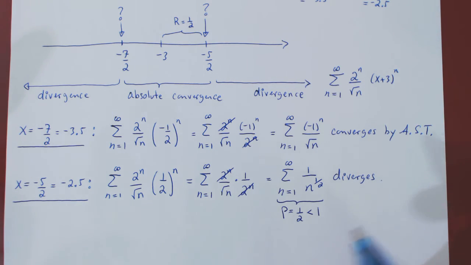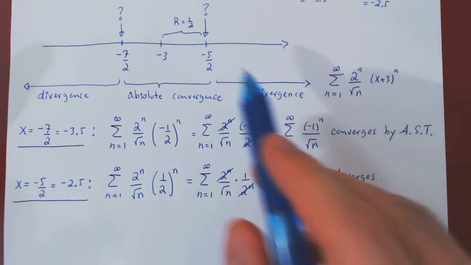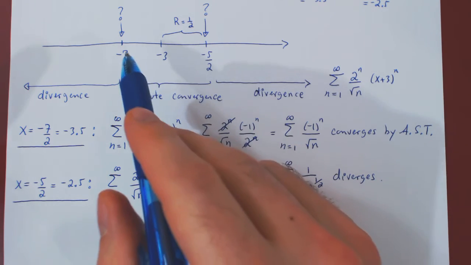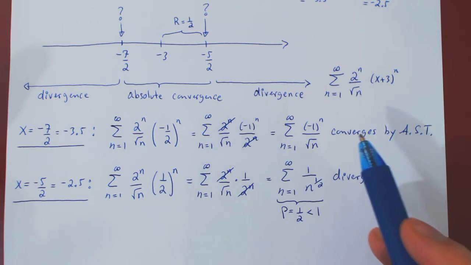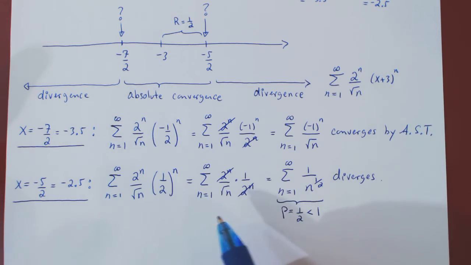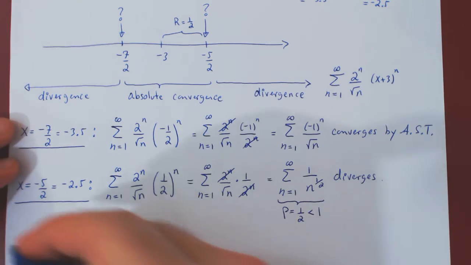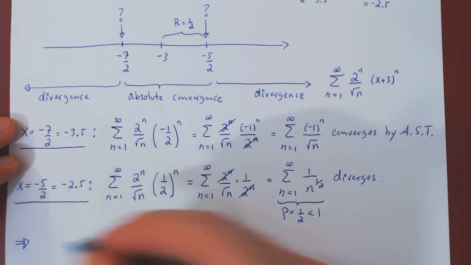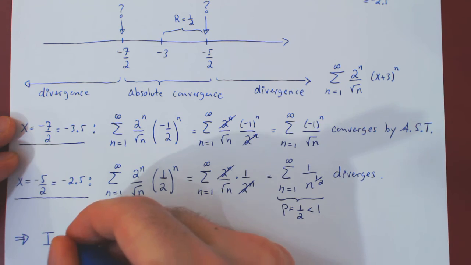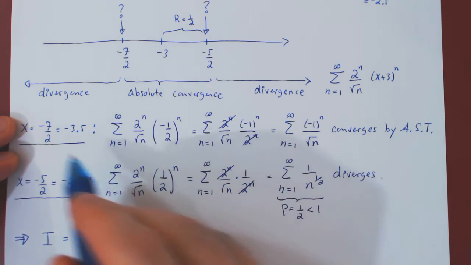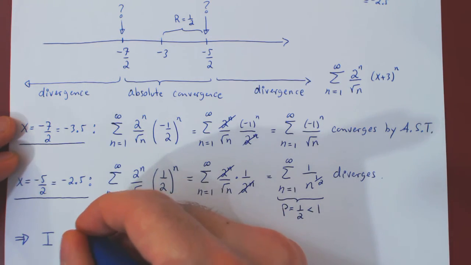And so we're done. Our power series converges inside the open interval from negative 7 over 2 to negative 5 over 2, and it converges at the left-hand point, diverges at the right-hand point. So in the end, we will call this interval I, closed at the left-hand point because we do have convergence.